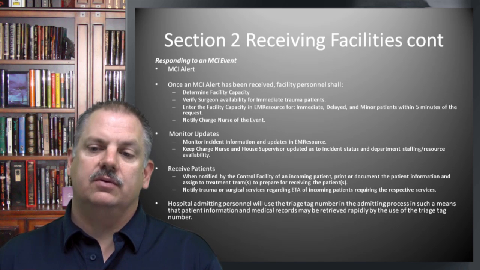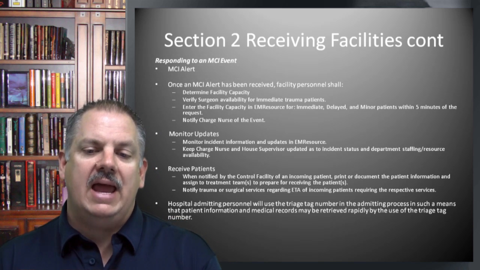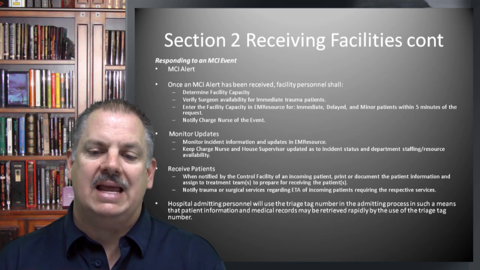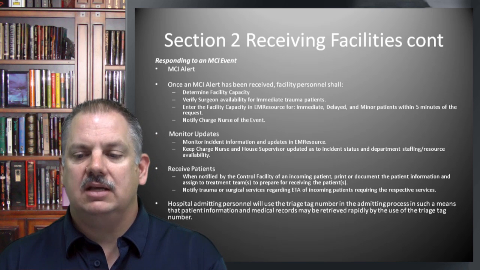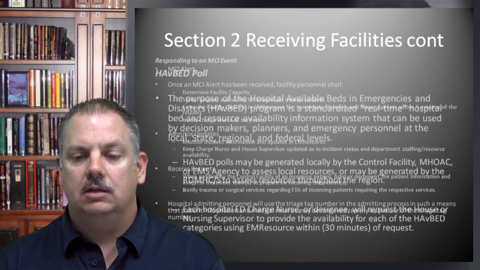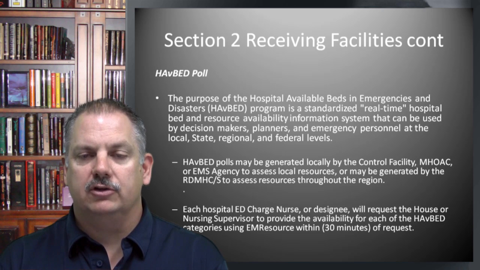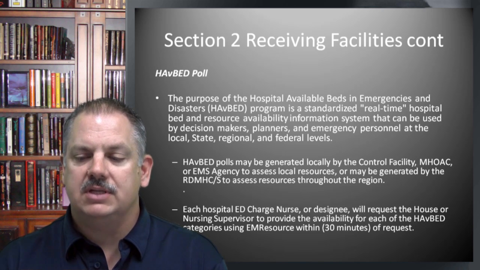Now, another part of this, as far as training for the receiving facilities, is called a HAvBED poll. It's Hospital Available Beds in Emergencies and Disasters, and the acronym is HAvBED. This is a standardized real-time hospital bed and resource availability poll that's put out. Usually they're generated by a control facility, the MOAC, or the LEMSA.